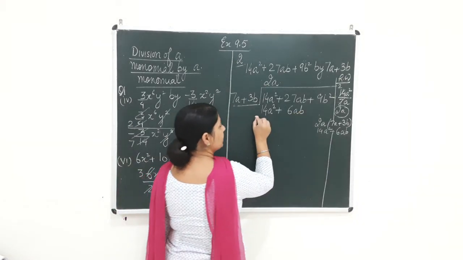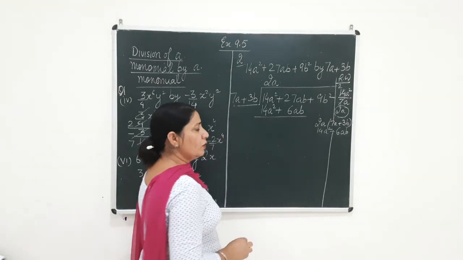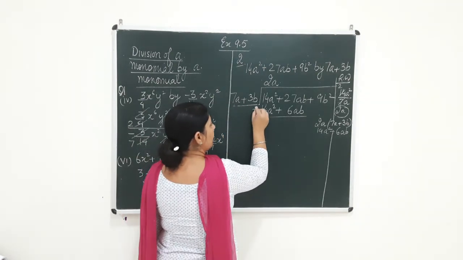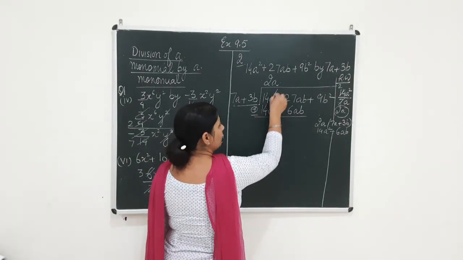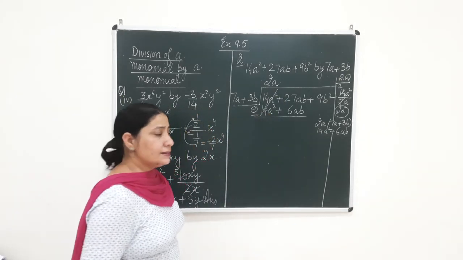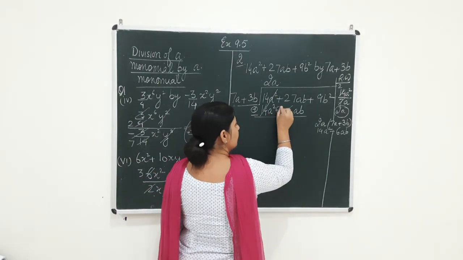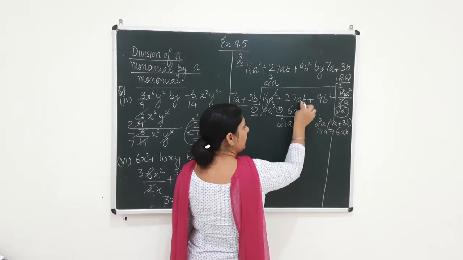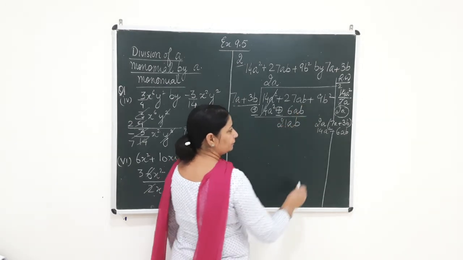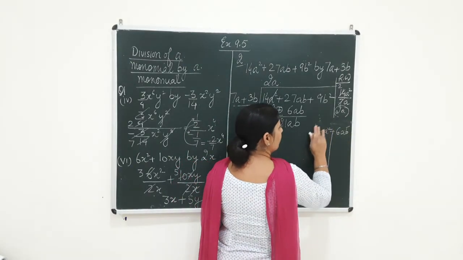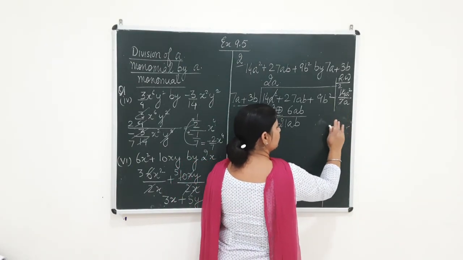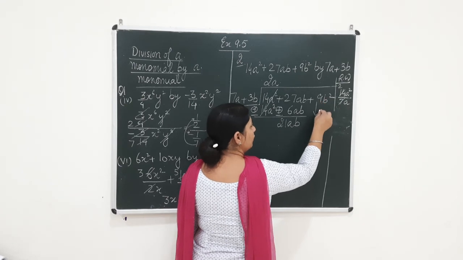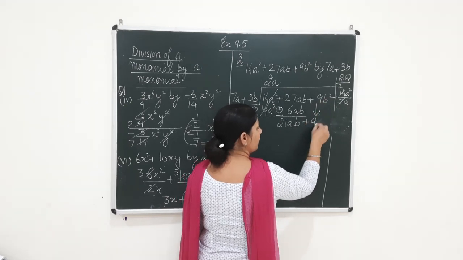Now what is the next thing? We have to change the signs. Now when we change the signs, plus changes to minus, 14a square and 14a square will get cancelled. 27 minus 6 will be equal to 21, and along with that we will get ab. Clear, beta? Now again we have to repeat the same thing. We will bring down the last term which is left here, 9b square.